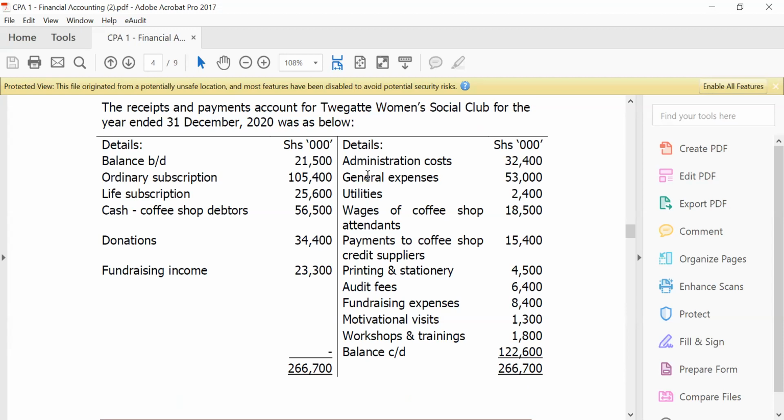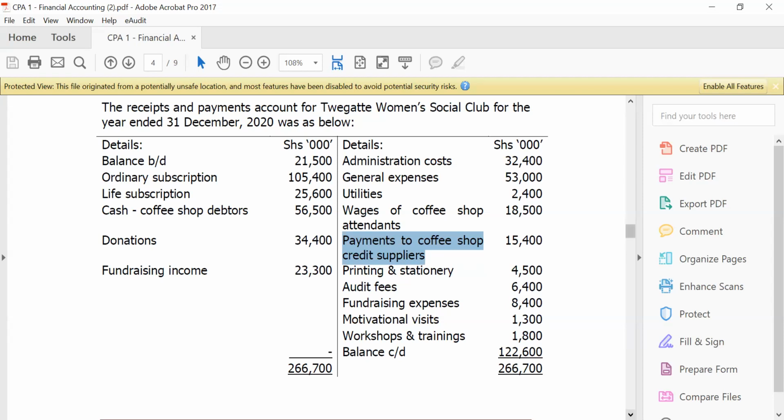Administration costs, general expenses, utilities, wages of coffee shop attendants, payment to coffee shop credit suppliers. Now, payment to coffee shop credit suppliers is not purchases. This is just a payment. So that is the only item in the receipts and payments that relates to the so-called purchases.